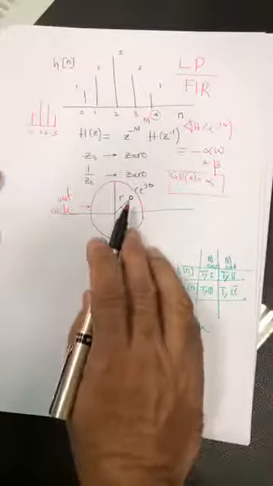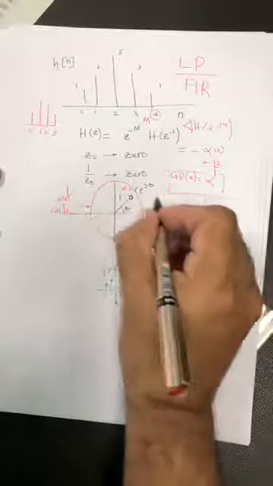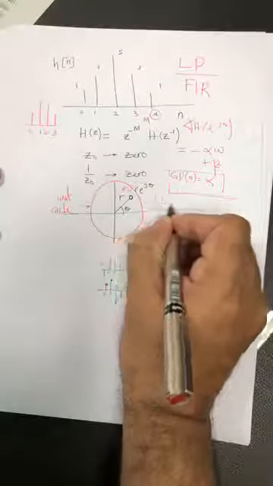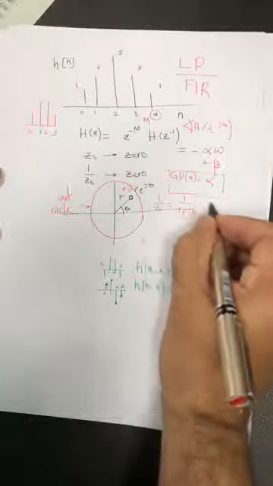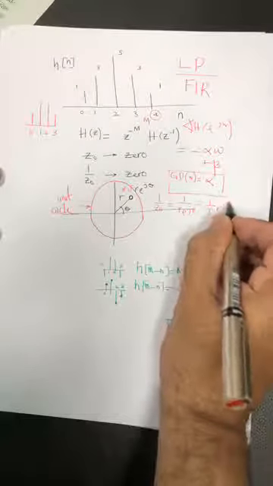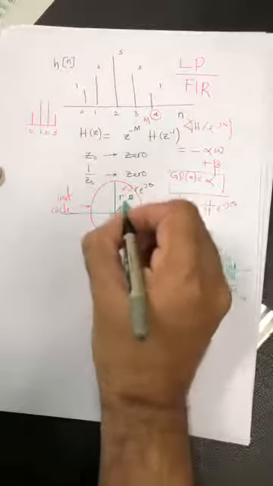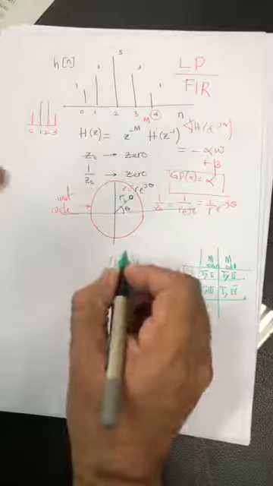We know that if there is a zero at z naught, which is r exponential j theta, then 1 over z naught is 1 over r exponential minus j theta. Usually r is less than 1. Let's say it is 0.5, then 1 over 0.5 is 2.